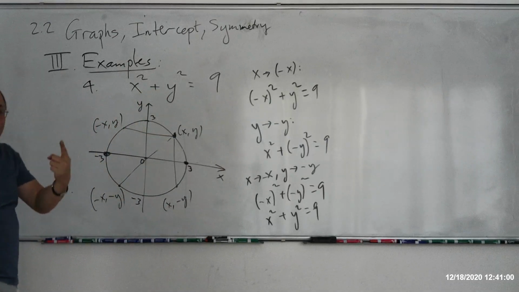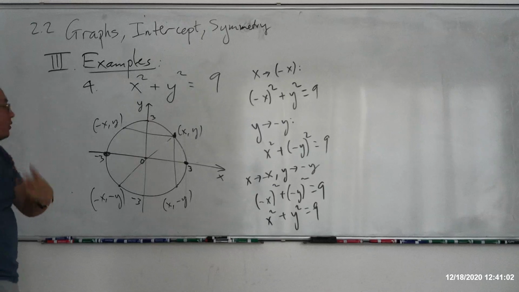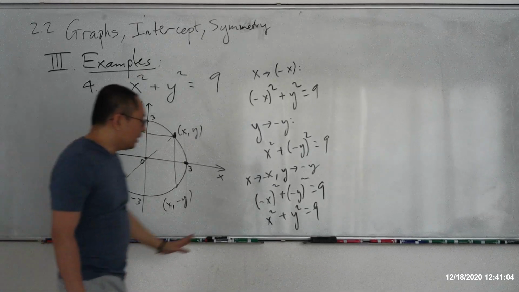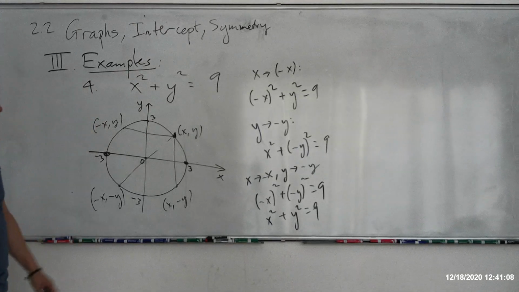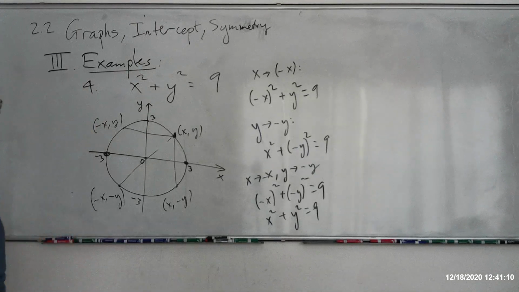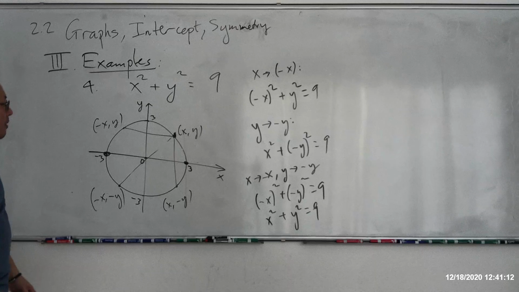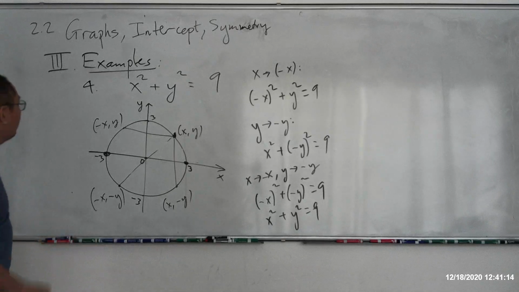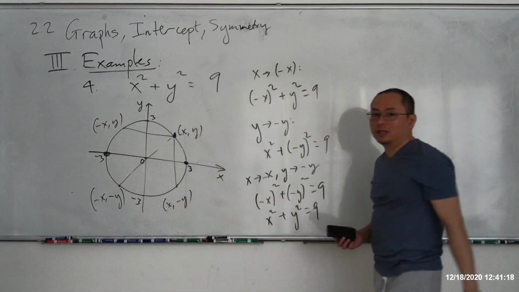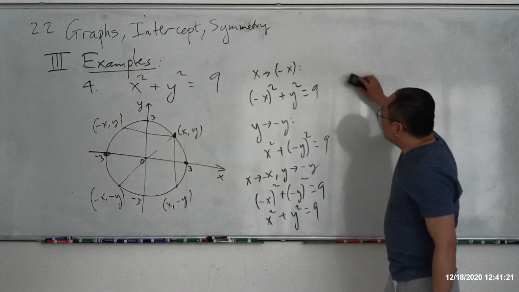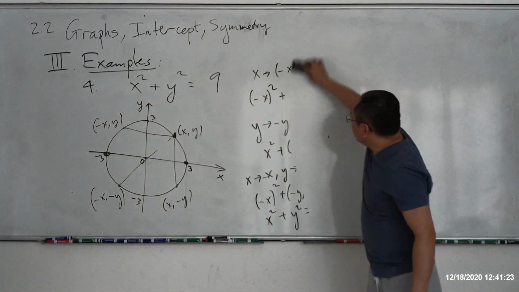Symmetry about the x-axis, symmetry about the y-axis, and then symmetry about the origin. Okay? And hopefully via a couple of examples that I showed you on the board with the calculations, it helps you to take care of all other problems pretty much the same way, just different numbers. Okay, and this is the end of 2.2. Let me move on to the next section. I'll be talking about section 2.3.